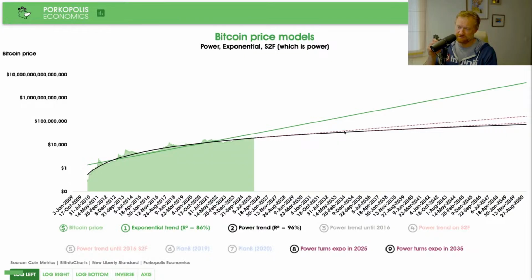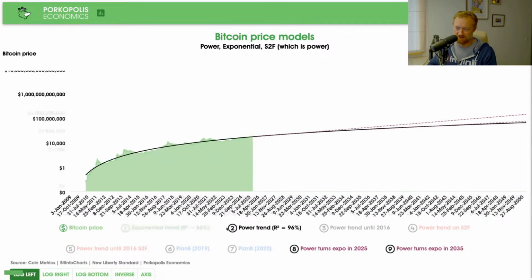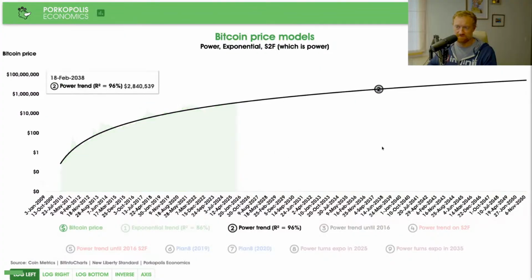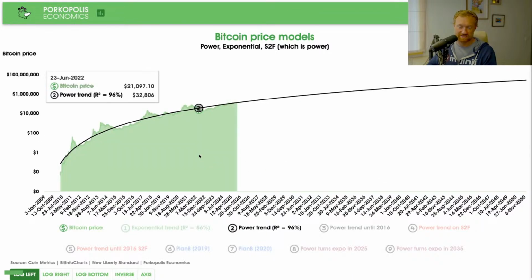But there's no asset in the financial world that grows like this. It's just not. It's a nice, beautiful, sustainable growth curve. The internet grows this way. Cities grow this way.